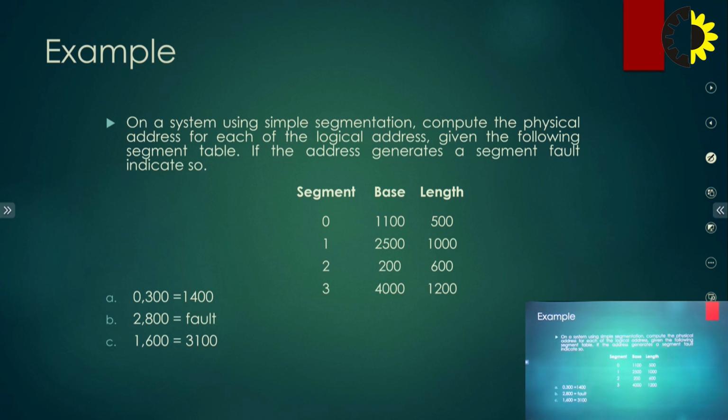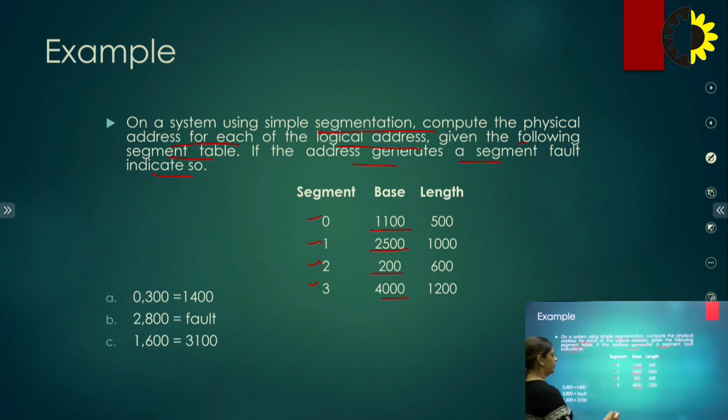Now let's take an example. On a system using simple segmentation, compute the physical address for each of the logical addresses given the following segment table. If the address generates a segment fault, indicate so. Now we have four segments, 0, 1, 2, 3, right? Their base addresses are 1100, 2500, 200 and 4000.